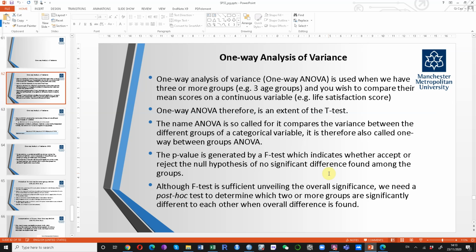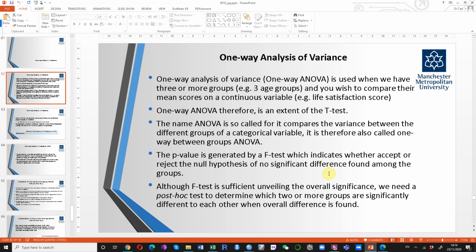But because we have more than two categories in an independent variable with one-way ANOVA, the test result might be significant, indicating a difference among the groups of the independent variable. But because we have more than two groups, that difference may or may not exist between all the pairs of the categories of the independent variable, or just a few pairs of the categories.